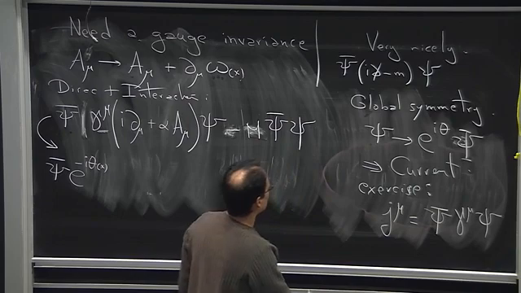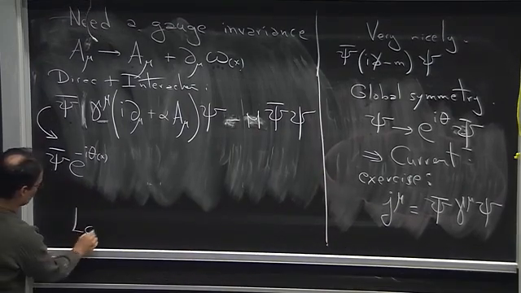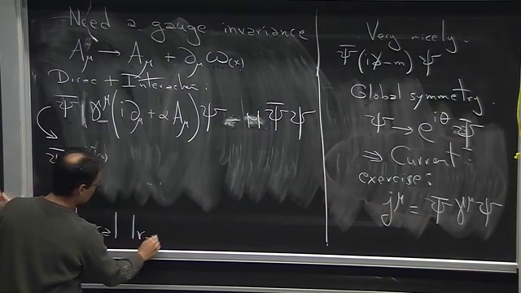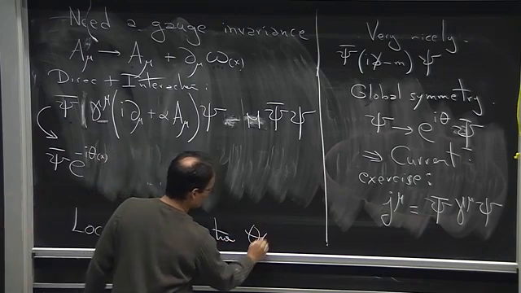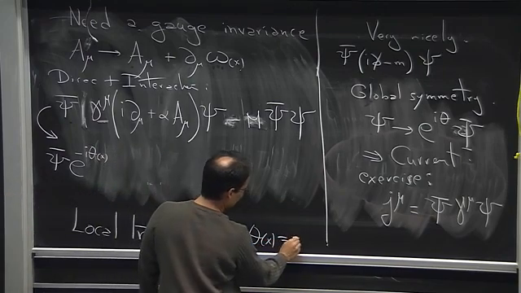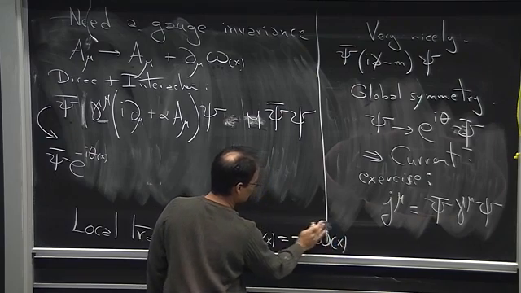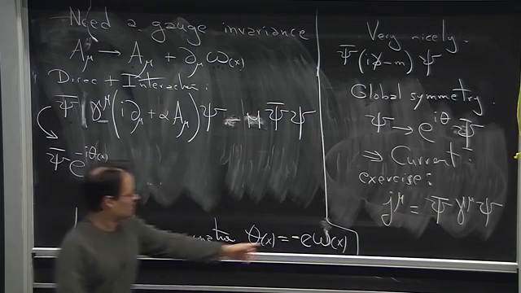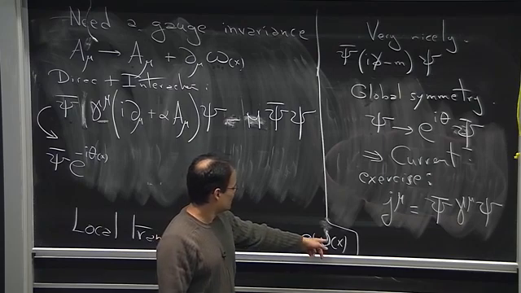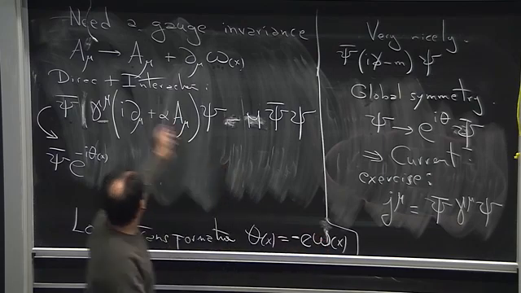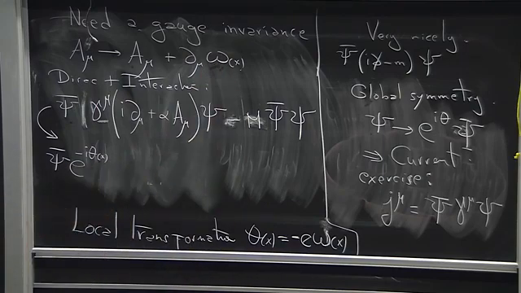So I'm going to use a local transformation where theta of x is, just out of nowhere, just for convenience, I'm going to call the constant of proportionality minus e times the transformation that I'm enforcing on the gauge field. Okay? Very good.